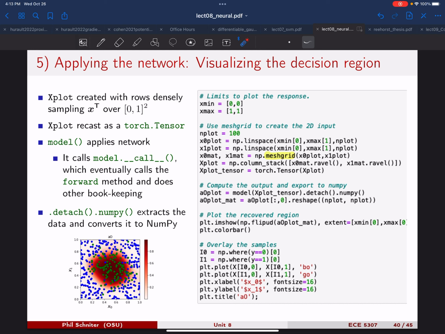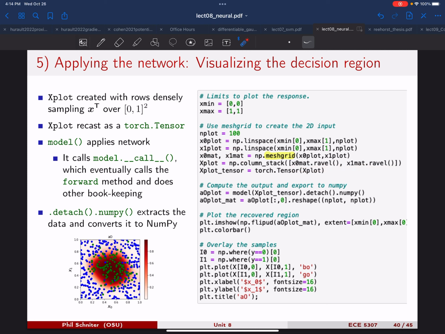And so now we have these 2 different matrices, and we're going to unravel each of them. So we're going to convert them into long vectors, and we're going to stack them next to each other. So the first value of every pair will be taken from x0 mat, and the second value of every pair will be from x1 mat.